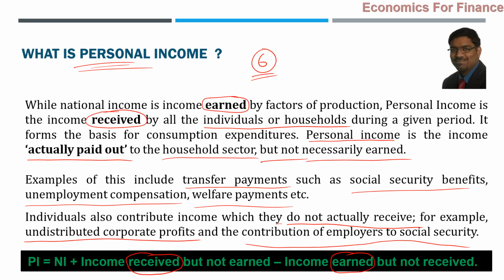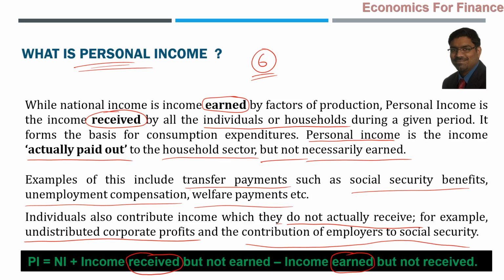So personal income is different from national income. Even though a particular country has a very good national income, if that money is not going to the hands of the people ultimately, people meaning all the people, rich, poor, middle class, everybody, all individuals and households, then that is not personal income.